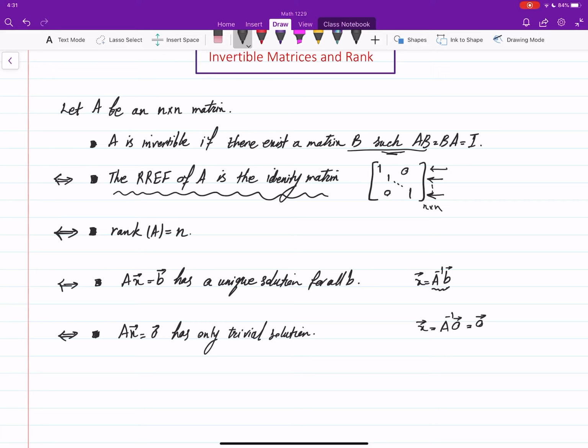Or if you know that the rank of the matrix is n, or if you know that for every B, AX equals B has a unique solution, or AX equal to 0 has only the trivial solution. These are equivalent conditions for an invertible matrix. And specifically, we saw that the invertibility of a matrix can be written in terms of the rank of that matrix, for all square matrices.